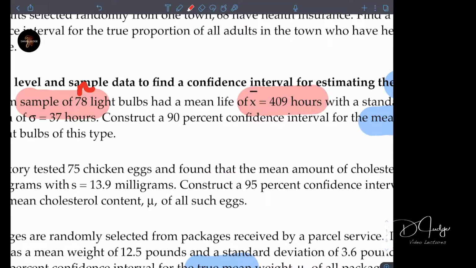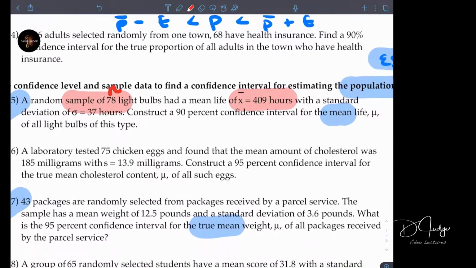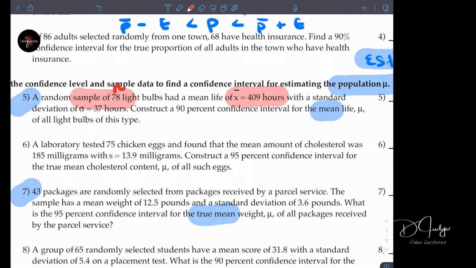That's a mean lifespan. So they gave us the sample mean here. They labeled it for us with a standard deviation sigma of 37 hours. So the standard deviation is known.